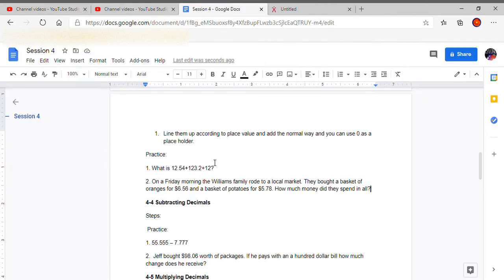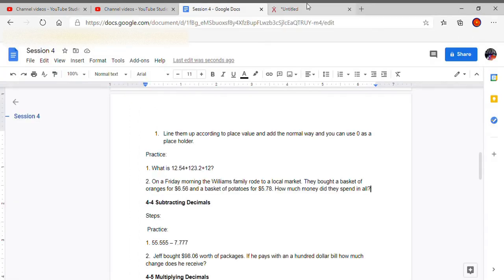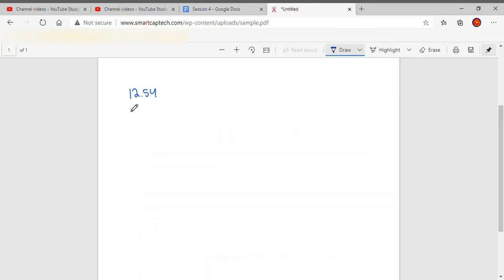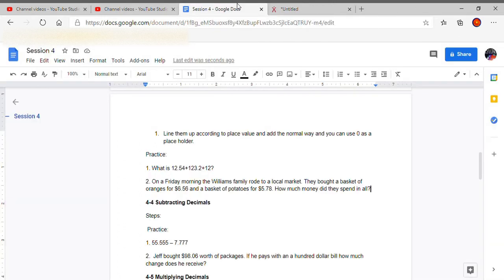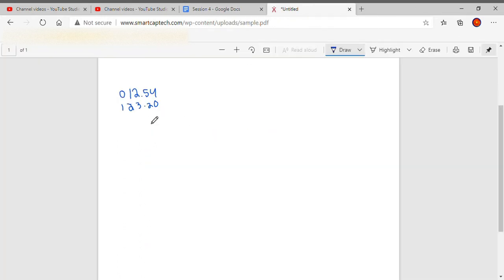So it says 12.54, then 123.2, so 1, because it's according to place value, 123.2, 0 as a placeholder. Then the last one would be 12, just 12, with 0s as placeholders. We can add this up.